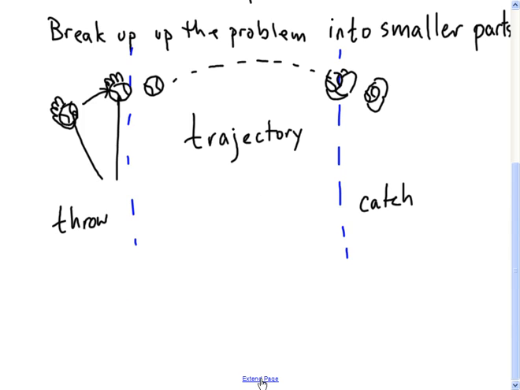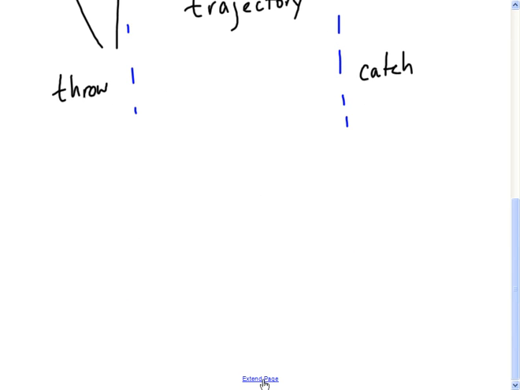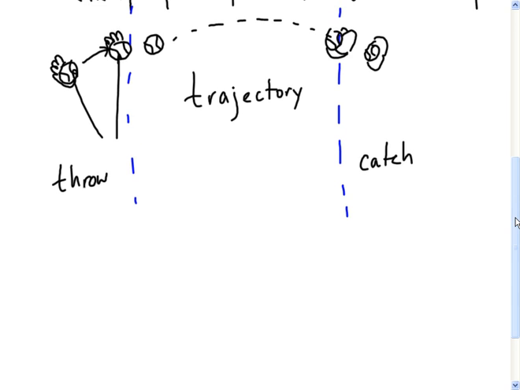Let's think about another example of a really typical time to break up a problem into an interval problem. If something falls, so let's have a flower pot, if it falls off a ledge, what's it going to do while it's in the air?